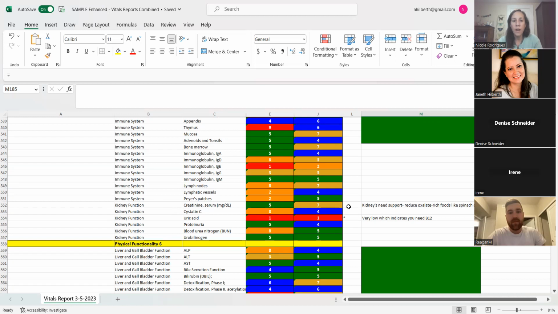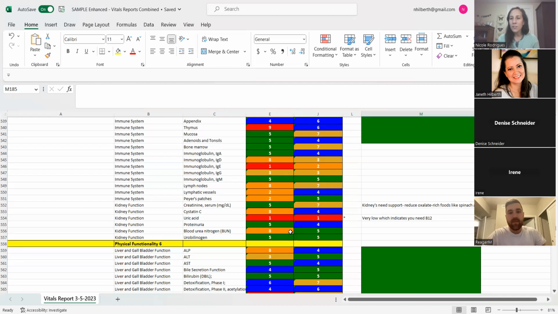So this was a red flag for me that the oxalate foods that were flagging ahead when we were looking at the food sensitivities are definitely related to kidneys here. So when we had our follow-up, I brought this up and I said, I really think you need to eliminate, I don't know if you're eating a lot of spinach or kale, but you might want to take a little break from that. Do you get that a lot in your diet?